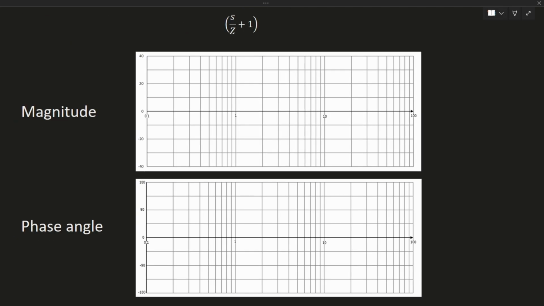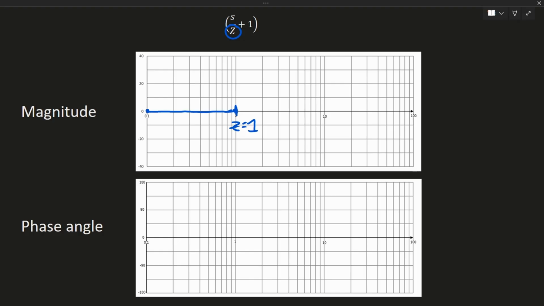All right, rule number 2 are the zeros. This is what you'll find in the numerator. For the magnitude, it's 0 up until z, the value of z, whatever it is. Let's say in this case it's at 1. After 1, it starts to increase at a rate of 20 decibels per decade. So in this case, decade doesn't mean 10, like just the value 10.